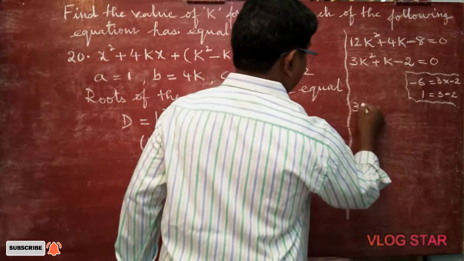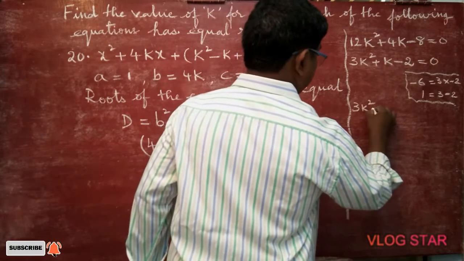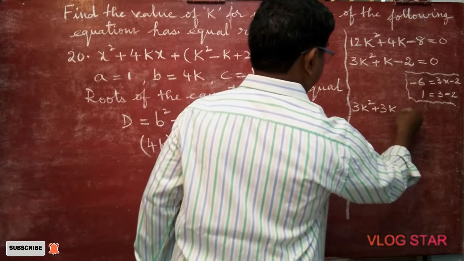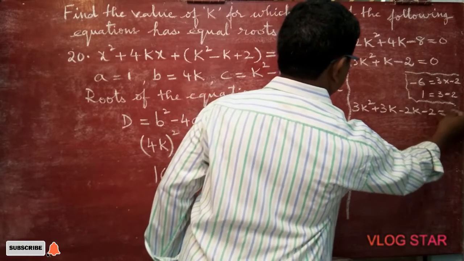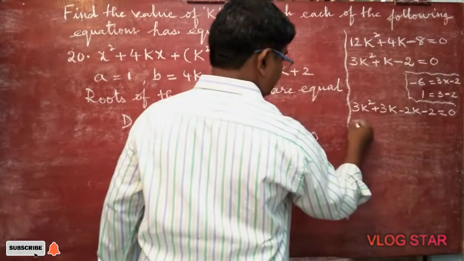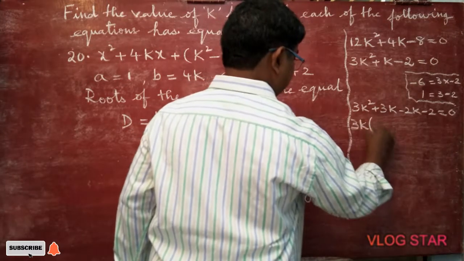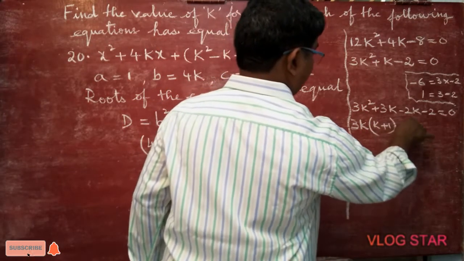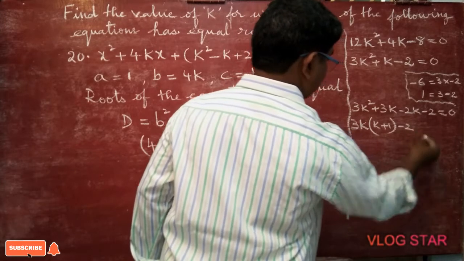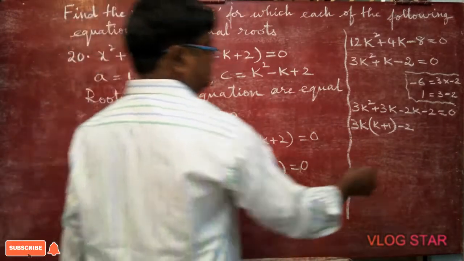Now 3k square plus 3k minus 2k minus 2 is equal to 0. From the first two you can take 3k common. One more k is left, plus 1. From the next two you take minus 2 common.